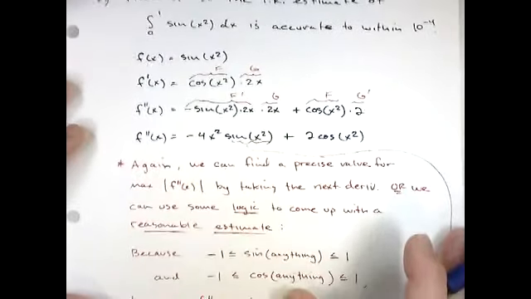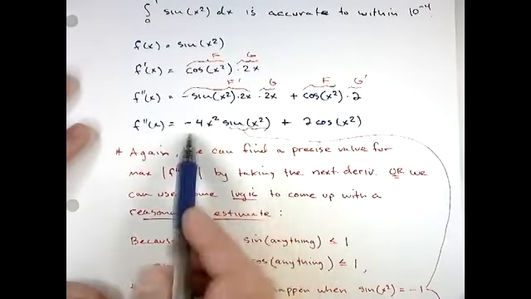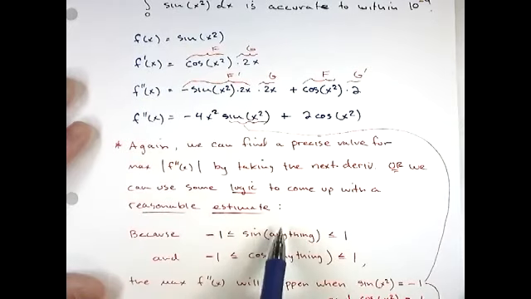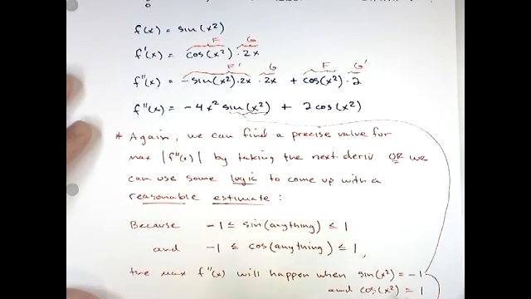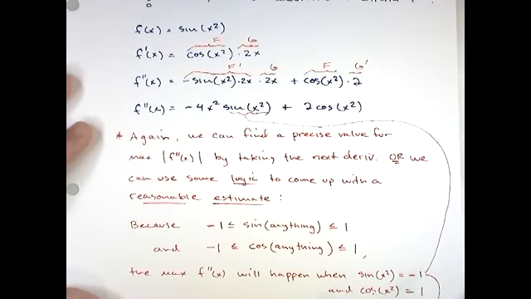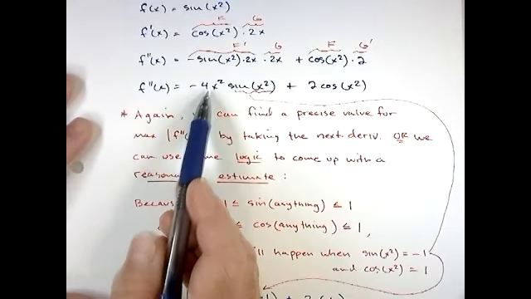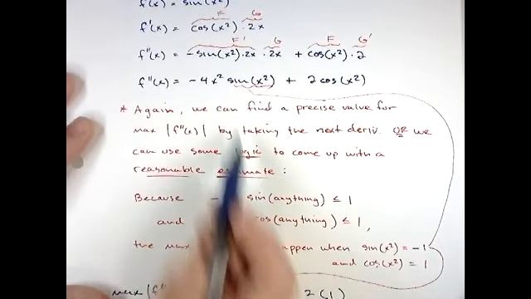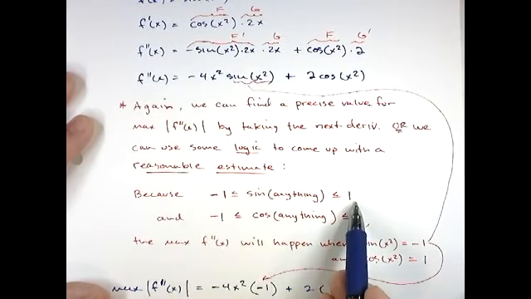And again, if I want to find a precise value for the maximum of this derivative, I would have to take the next derivative and set it equal to 0 and find critical points, which is not going to be fun. So this time, we're going to use some logic to come up with a reasonable estimate. We know that the sine of anything is bounded between -1 and +1, right?